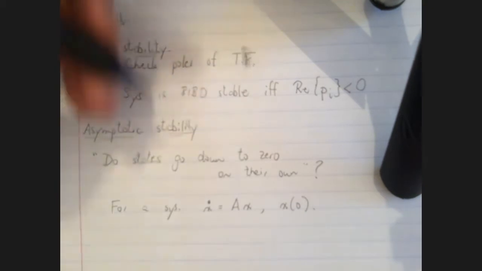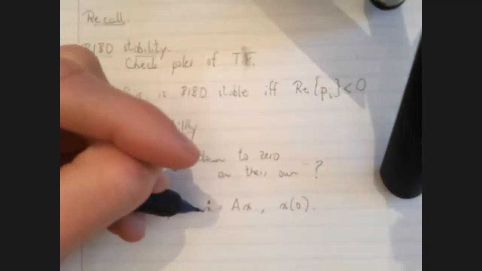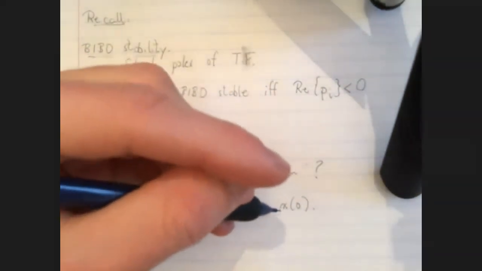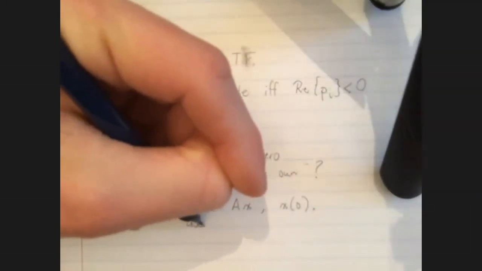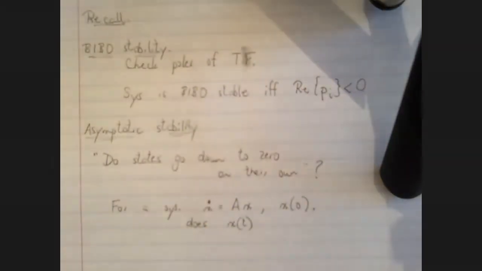Okay, so basically for this situation where you've got x dot equals ax and some initial condition, what I'm asking myself is, does x of t go to 0 as t goes to infinity?